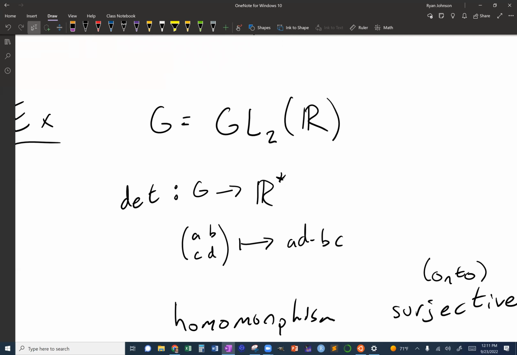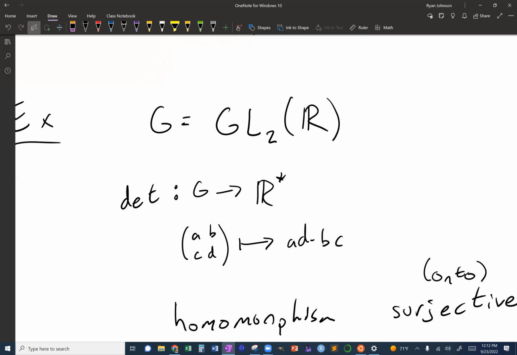I'm having trouble remembering what a kernel is. Right. It's all the stuff that are sent to the identity. So, what matrices are sent to the identity? What is the kernel of this homomorphism? Would just be where the AD minus BC is one.